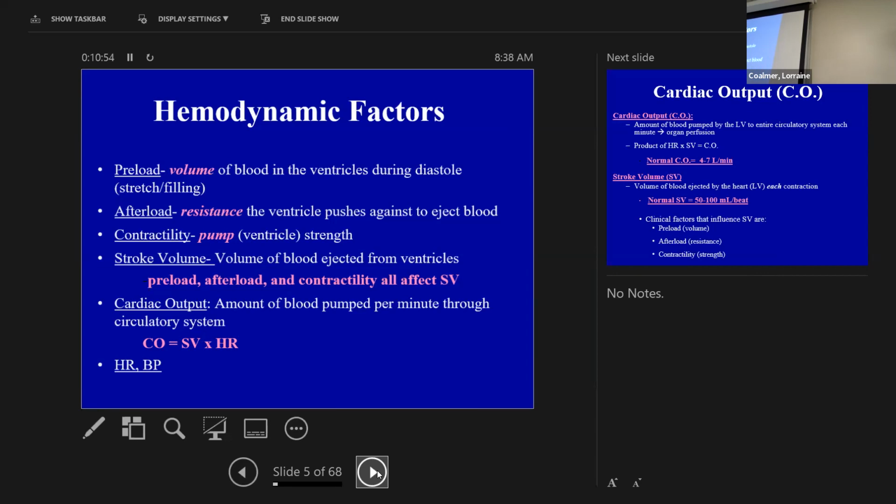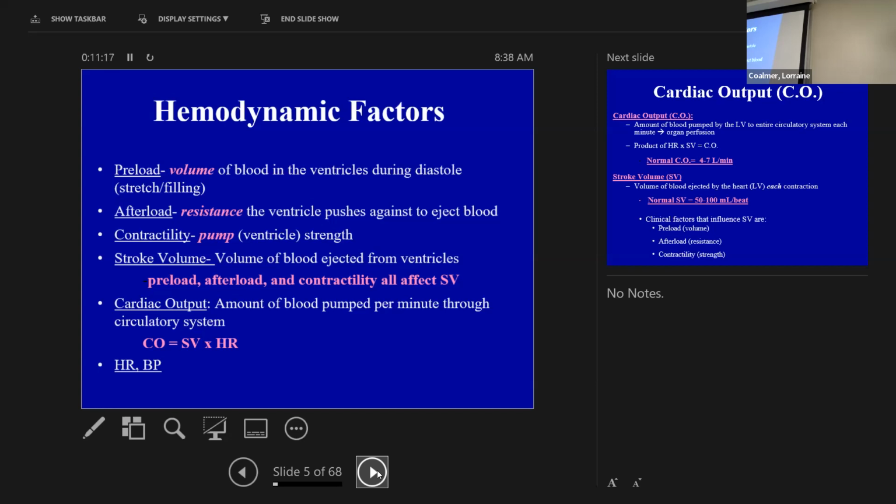Now the SVR, which we're going to talk about, has to do with the afterload coming out of the left ventricle. So we would kind of tie that back to blood pressure. The PVR is in my pulmonary. I can have high resistance in my pulmonary system too, can't I? COPD, lots of resistance. Make sense?